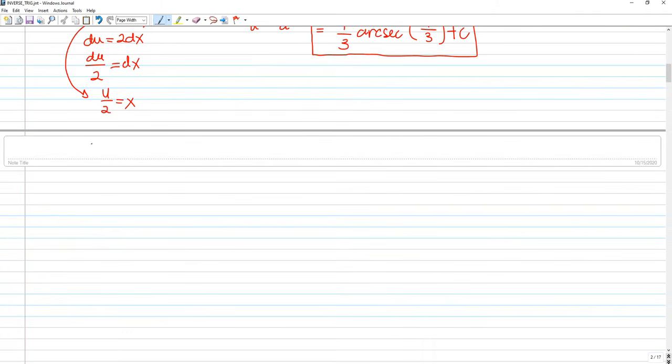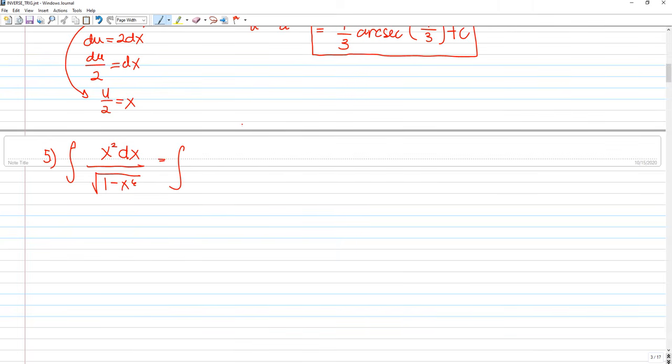Okay. So for number 5, we have the integral of x squared dx all over square root of 1 minus x raised to 6.